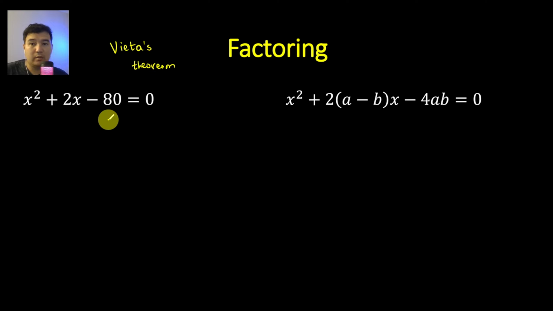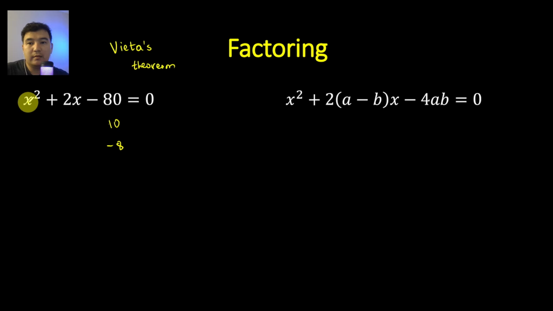So basically what you should do is think of two numbers whose product is -80, and at the same time their sum has to be 2. In this case it's 10 and -8. If I multiply these two numbers, I get -80. 10 plus -8 is 2. So these are my numbers.